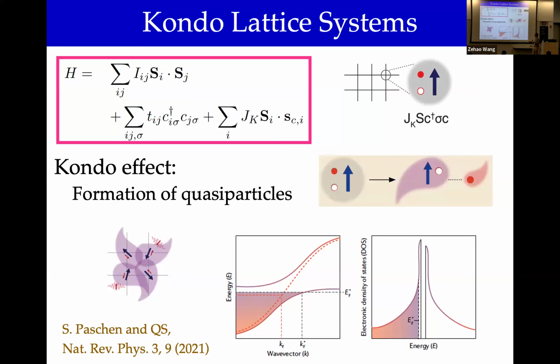So you have epsilon(k), which is the Fourier transform of t_ij. That's this dashed line. That's the band of conduction electrons that you started with. And the composite heavy fermions essentially form a flat band. It's very weakly dispersing, and this flat band hybridizes with the band of conduction electrons to form these renormalized bands at the saddle point level. And these are sharp quasi-particles.